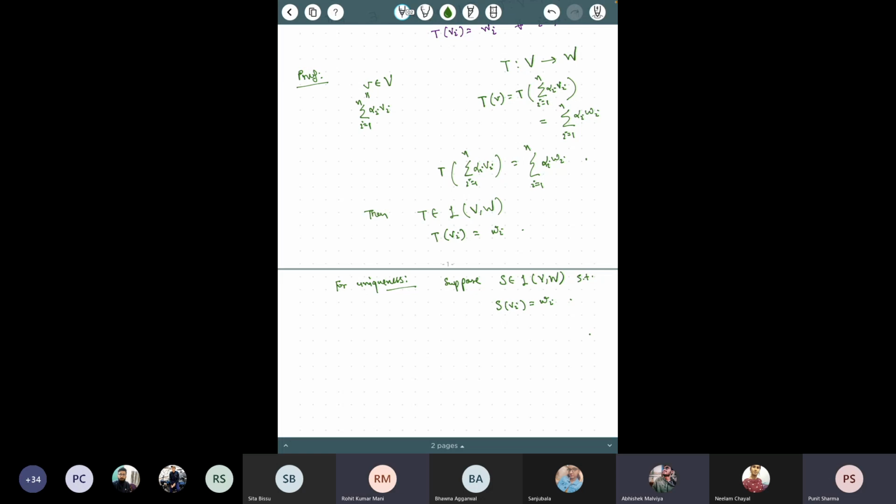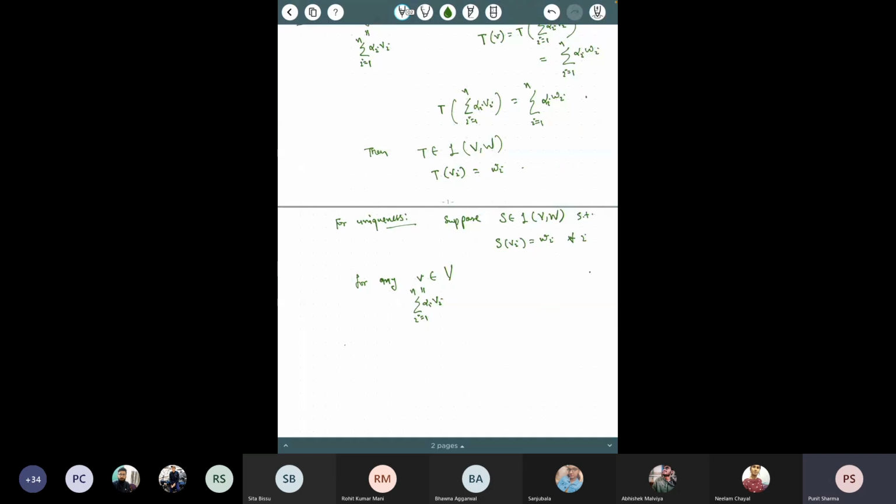Sir, the image of every element of the domain is the same. Right. So we have to show that for every vector v, S of v is equal to T of v. If I take any v in V, then I can write it similarly as the sum of alpha_i Vi for some alpha_i. Now if I look at S of v, by definition it is the sum from i equal to 1 to n.